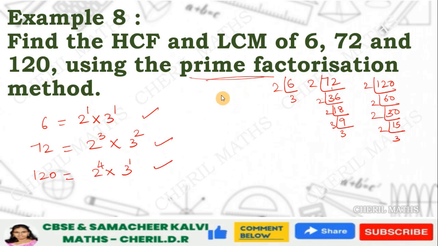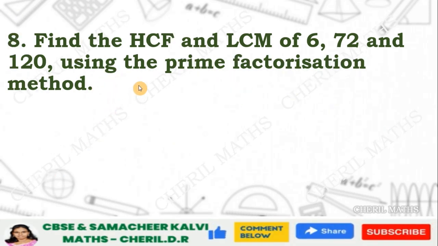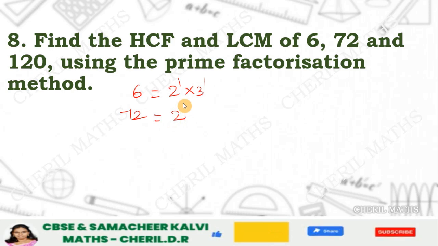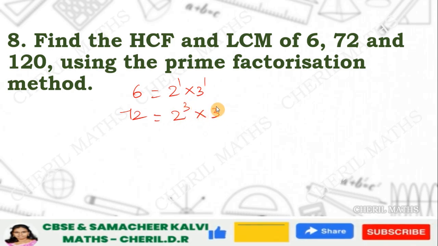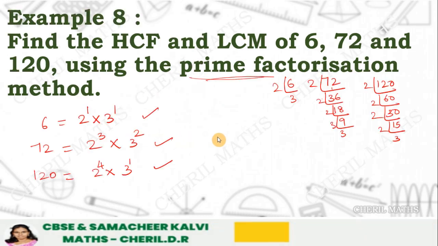Okay, so now what did we get for 6? For 6 it is 2 power 1 into 3 power 1. For 72 it is 2 power 3 into 3 power 2. And for 120, this is a small mistake we made here.